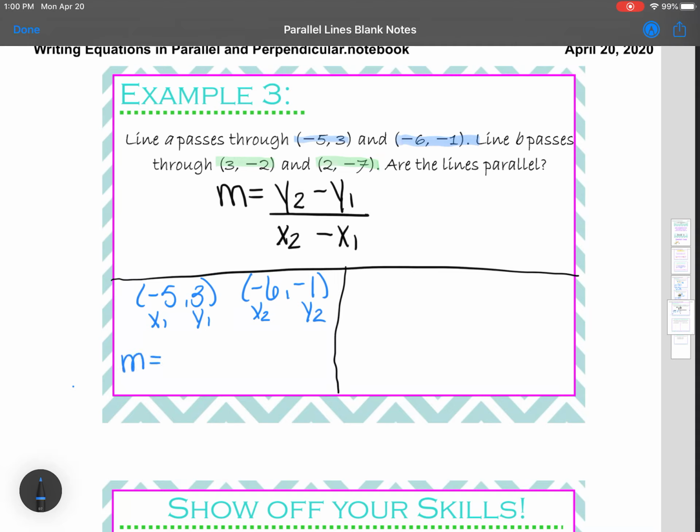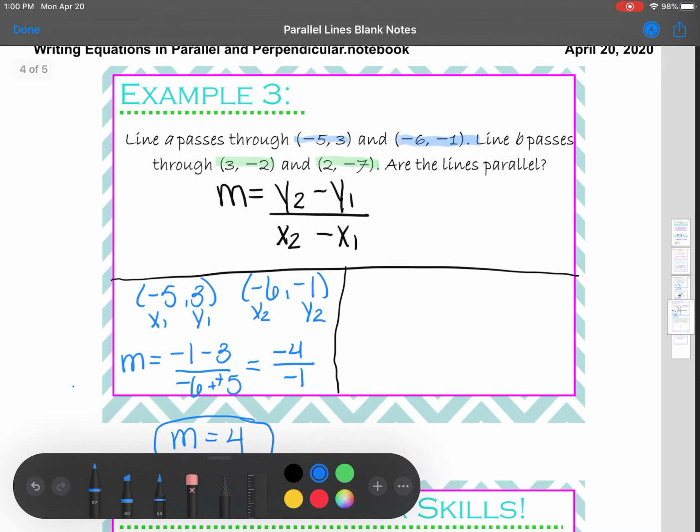So m, using that formula up there, is y2 minus y1, negative 1 minus 3, over x2 minus x1, negative 6 minus negative 5. Negative 1 minus 3 is negative 4. Negative 6 minus negative 5, which becomes negative 6 plus 5, is negative 1. So my m for the blues, negative 4 divided by negative 1, is positive 4.